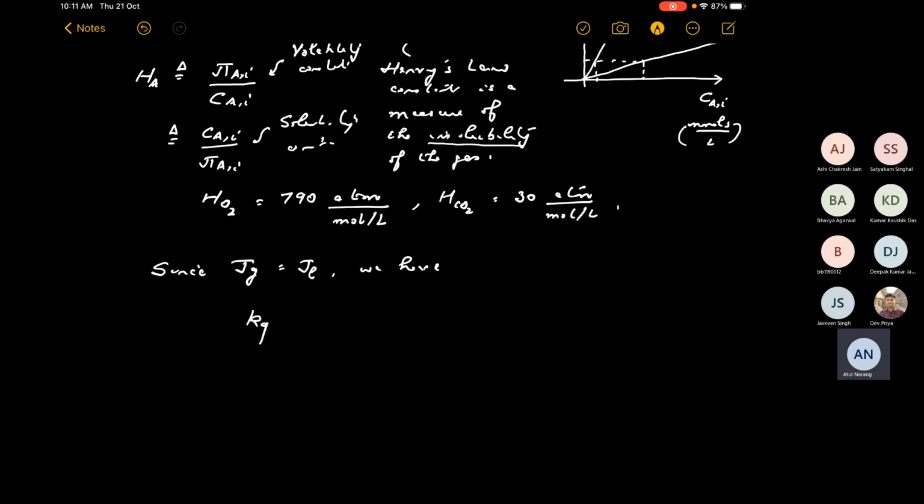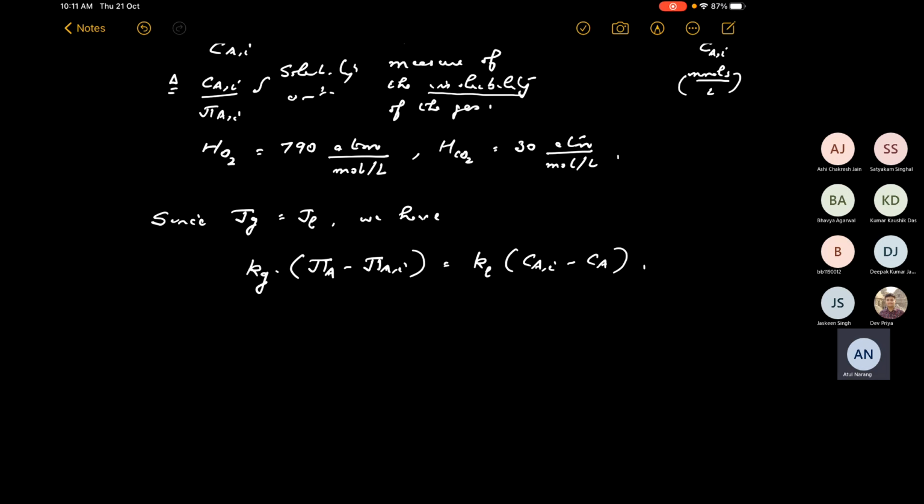this is saying that Kg multiplied by pi A minus pi AI must be equal to KL multiplied by CAI minus CA. This has to be true. This is because the fluxes are equal.